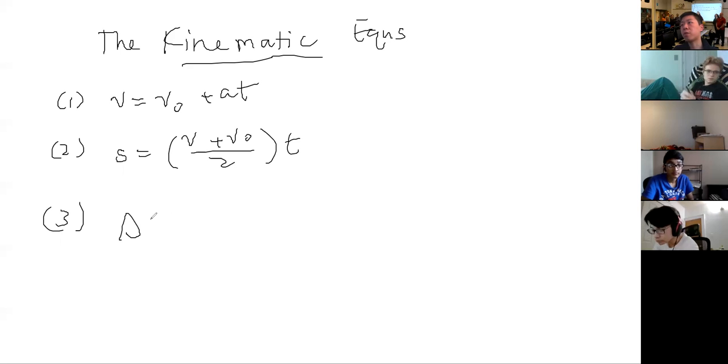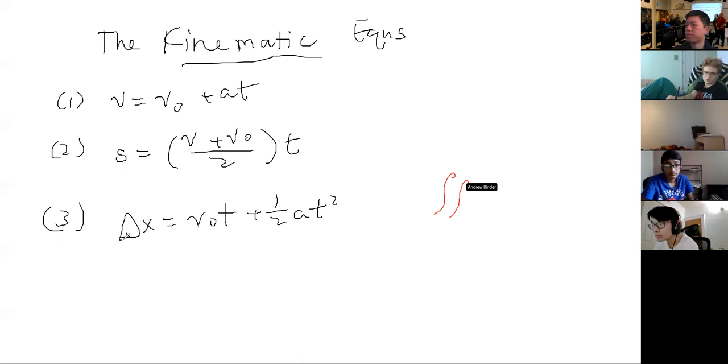The distance you travel is equal to v0t plus half, no, it is x0 plus v0t plus 1 half at squared, because when you take a double integral, you're going to have the c from this integral and then the c from this integral. Yeah, but I'm just using delta x.